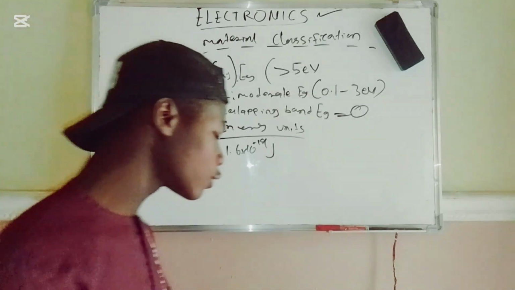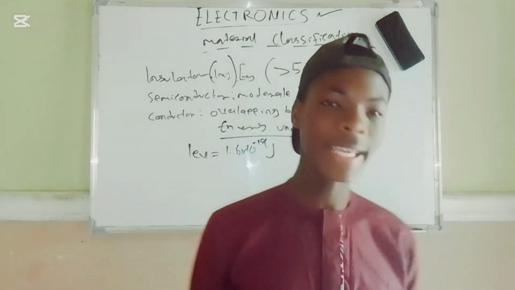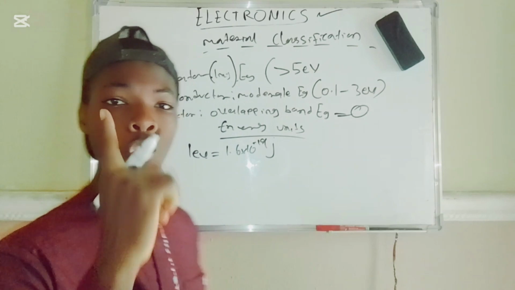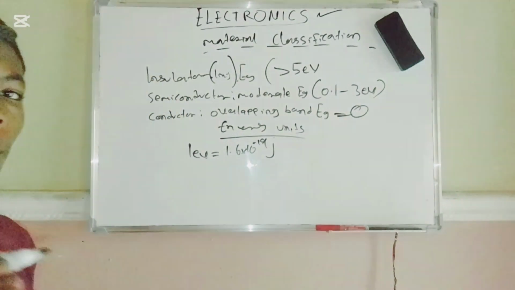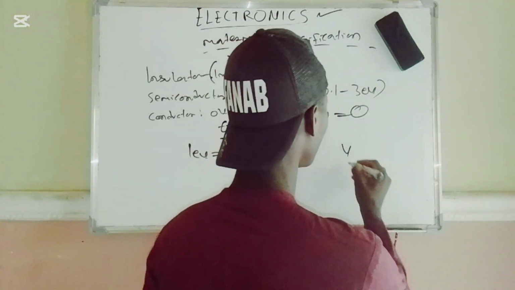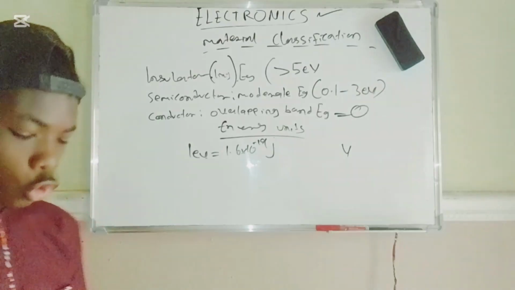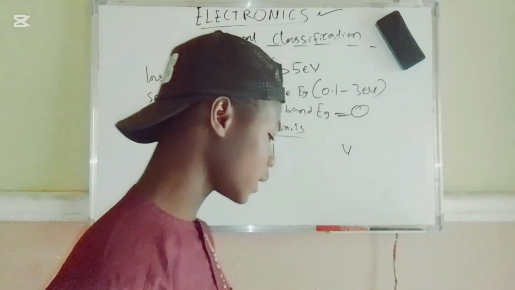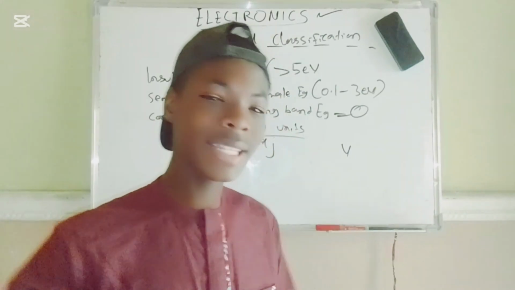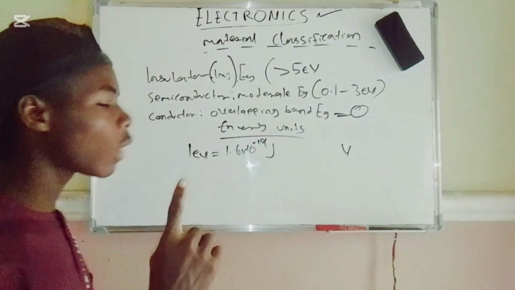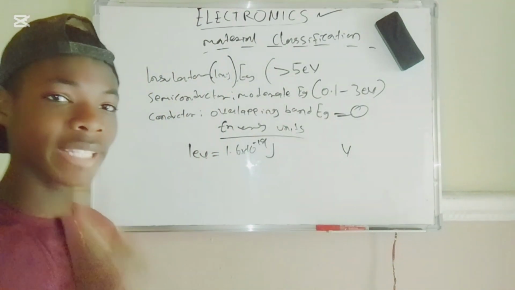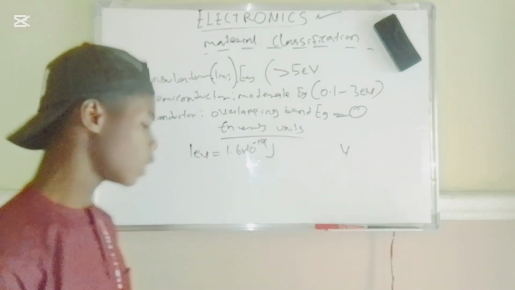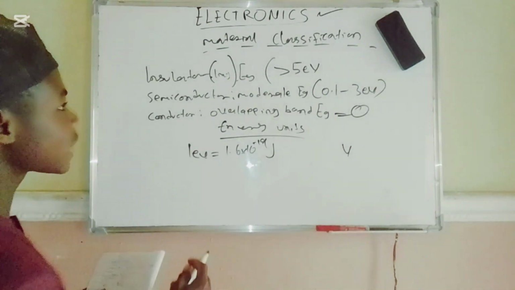So what is an electron volt? It is the energy gained by an electron through 1 volt, meaning 1 volt potential. We all know that voltage is like potential. So whenever we say something in electron volts, it means it is the energy gained by one volt of potential. So therefore, let's have some band gaps table.